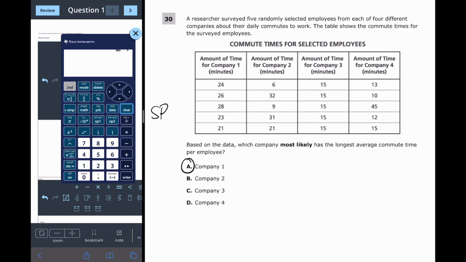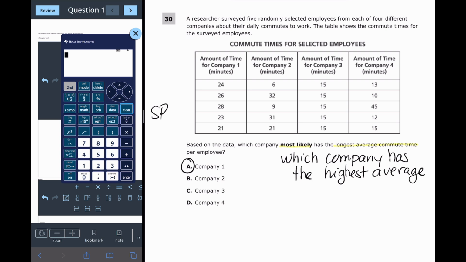Based on the data, which company most likely has the longest average commuter time per employee? So all we're looking for is which company has the highest average. And the average we're looking for is the mean.